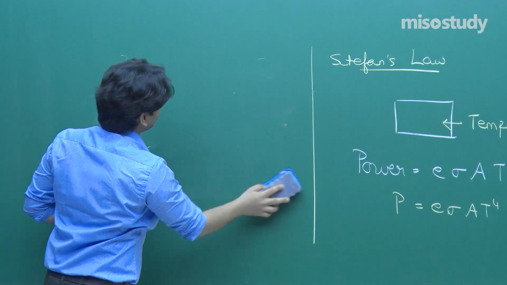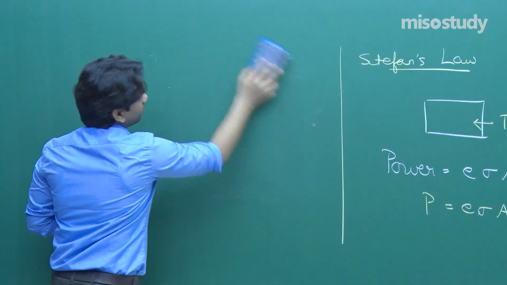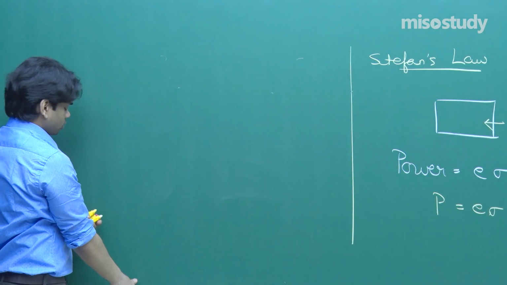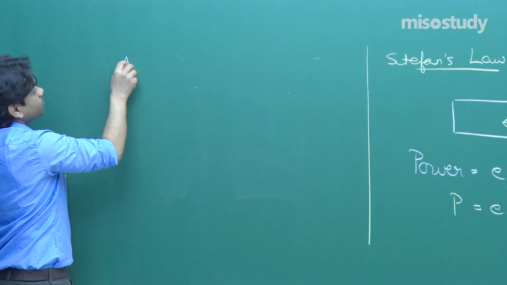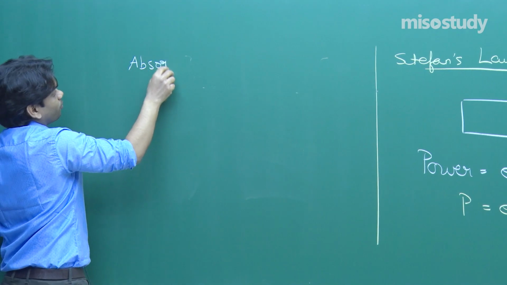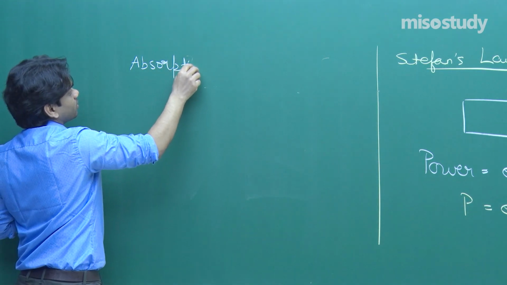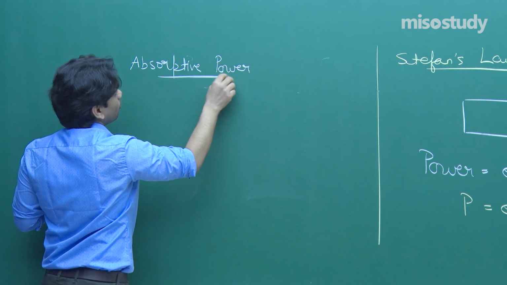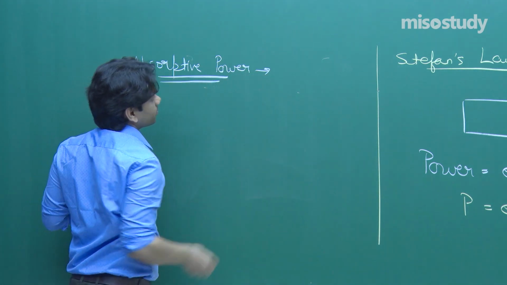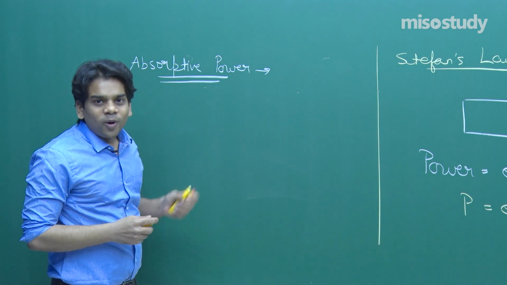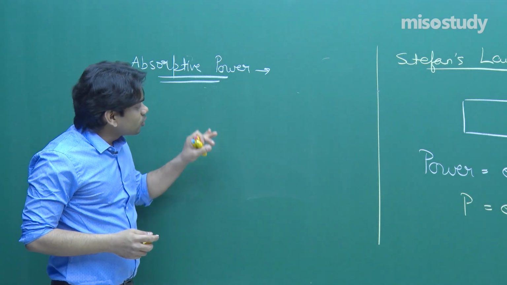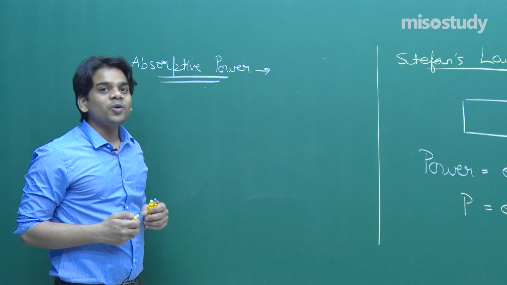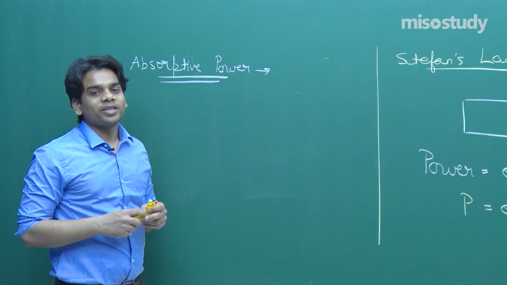Let's go ahead. This was all about radiation through a body. There are certain terms that we should know at the first go. Those are absorptive power. Now, what is absorptive power? Any body is going to absorb some amount of the radiation incident on it.